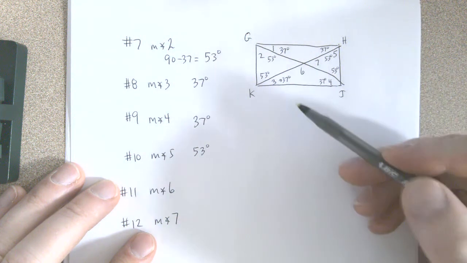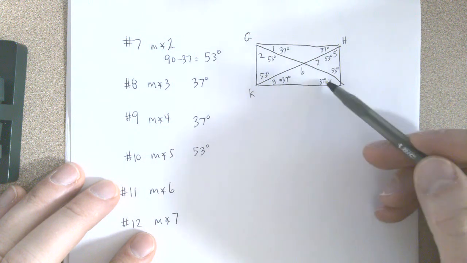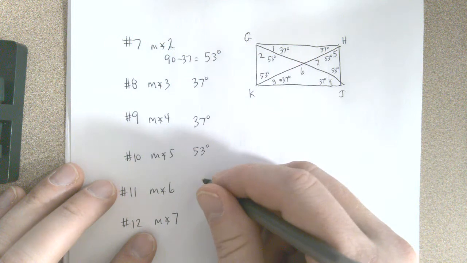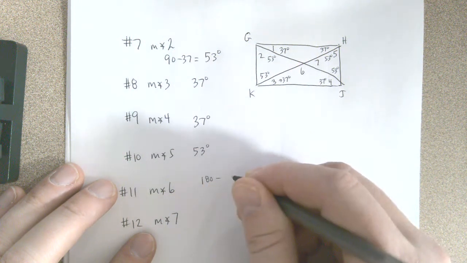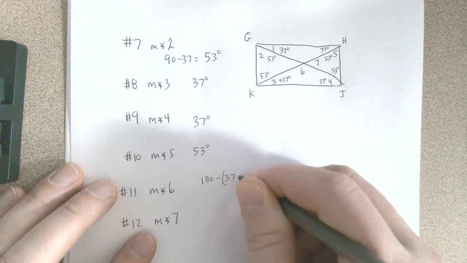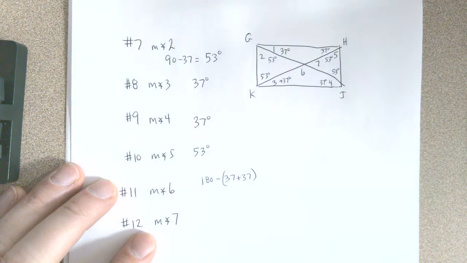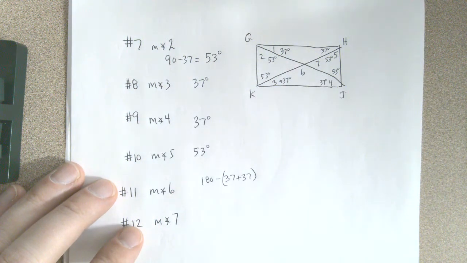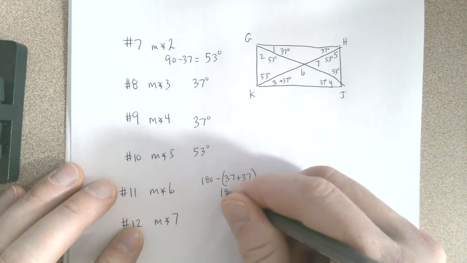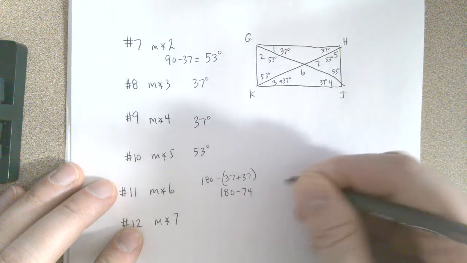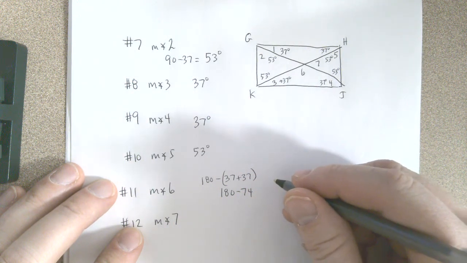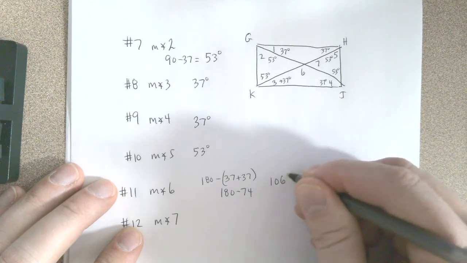Angle 6, we know that if these two are 37, you're going to do 180 minus 37 plus 37. So 37 plus 37 is 74, and we're going to do 180 minus 74, which makes angle 6 106 degrees.